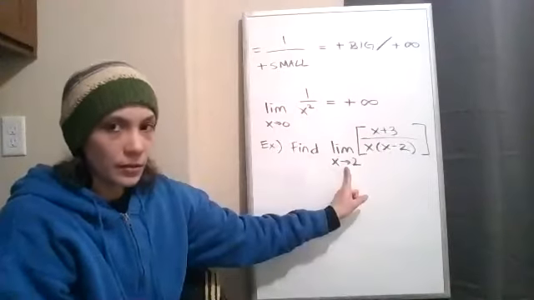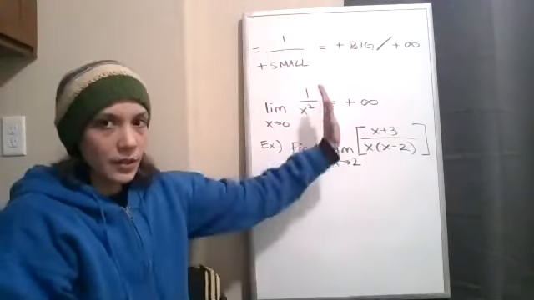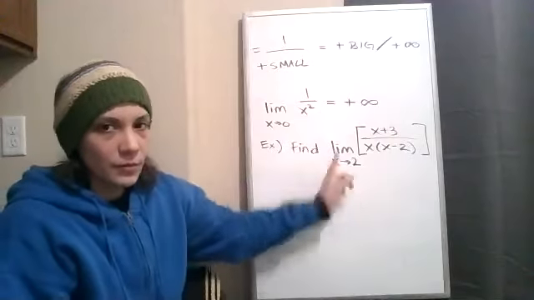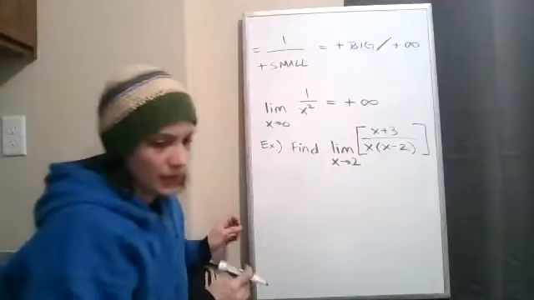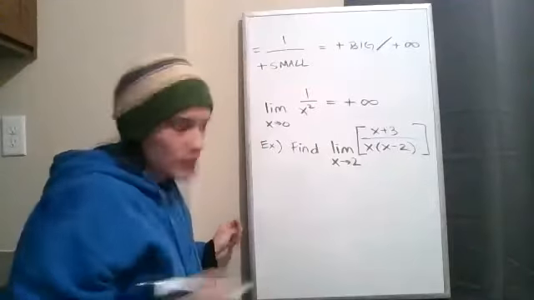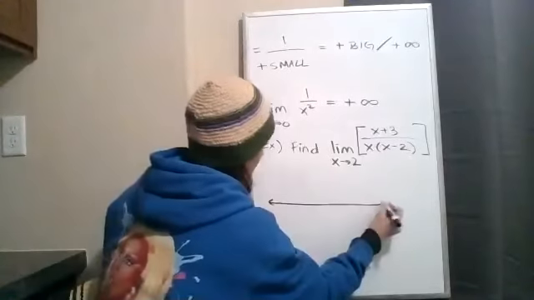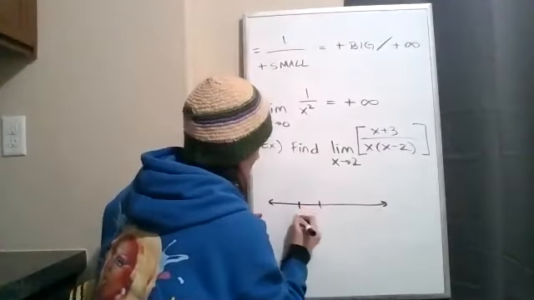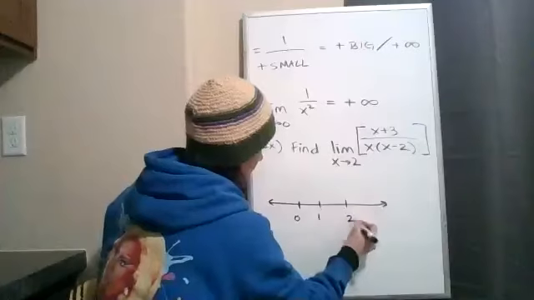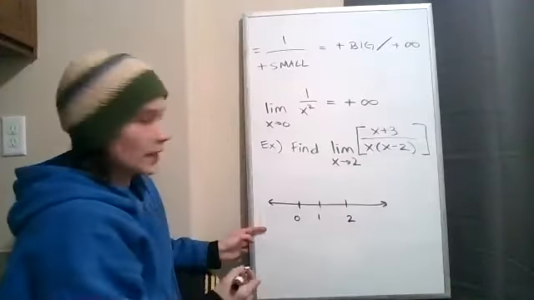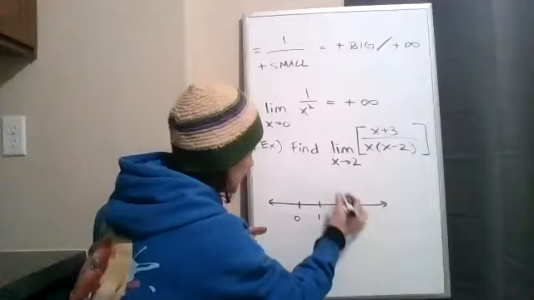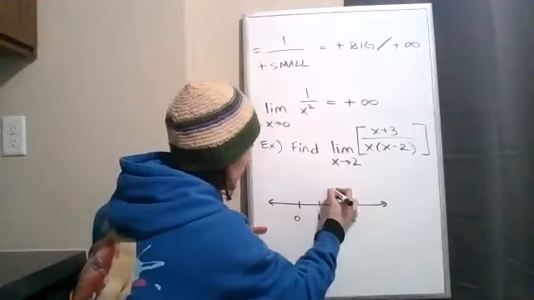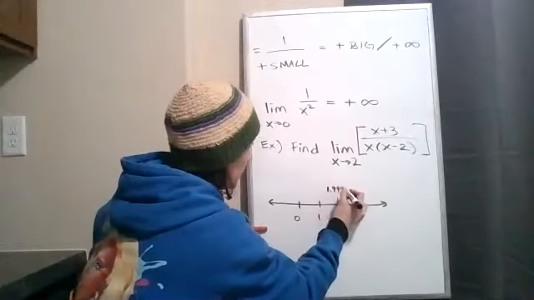And you're approaching 2, so we're going to work this out with our ideas. We're getting really close to 2. Let's start with going on the left side, some number like 1.9.